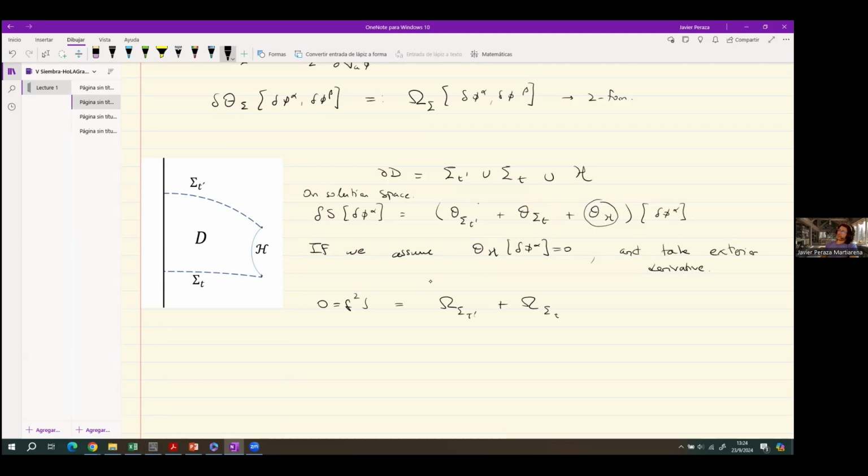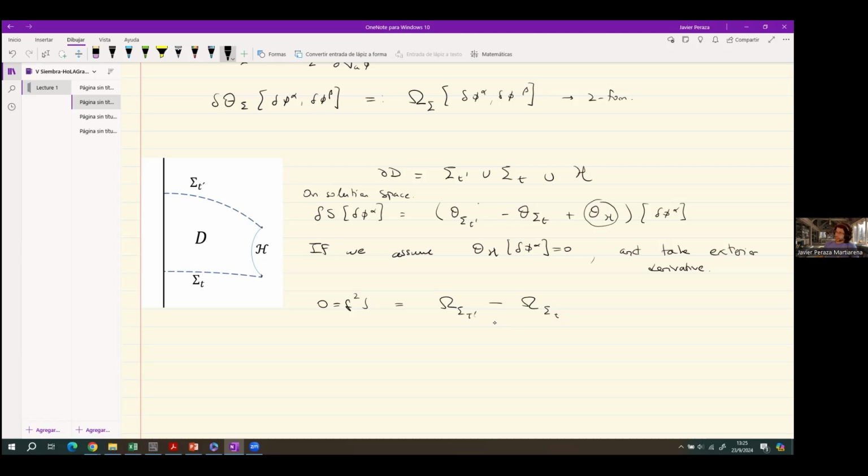Then what we have in here is the conservation of the value of the symplectic form when evaluated at two different vectors. Okay, so here, for example, let's put the correct signs here, because this is minus because the orientation is inverse, and here also. So if we assume that this part of the presymplectic potential doesn't contribute, then what we have in the end is the conservation of the value of the symplectic form, which is the standard starting point for doing all these things.